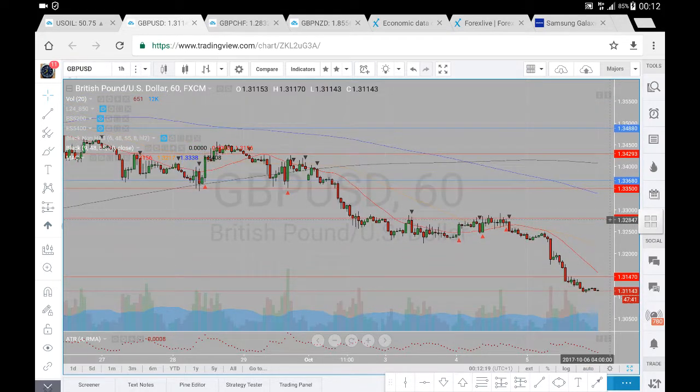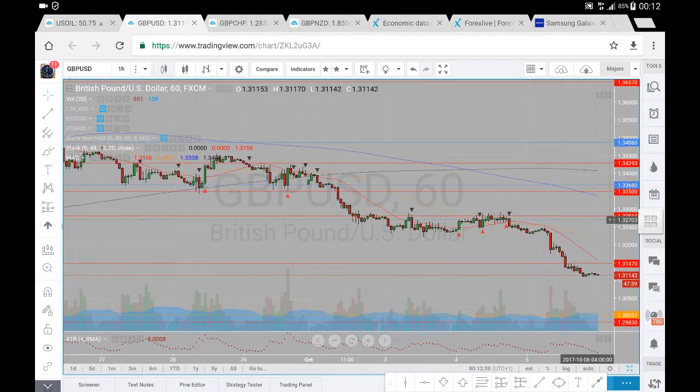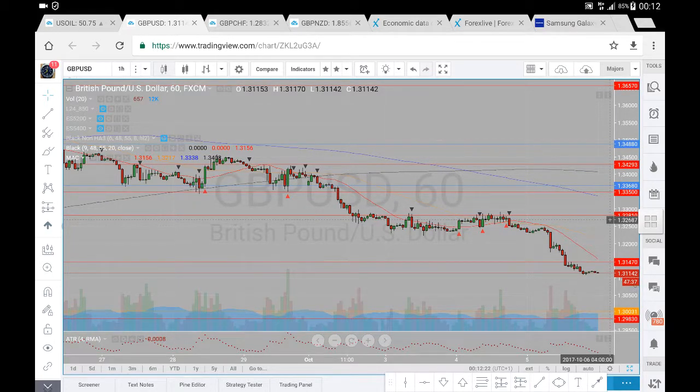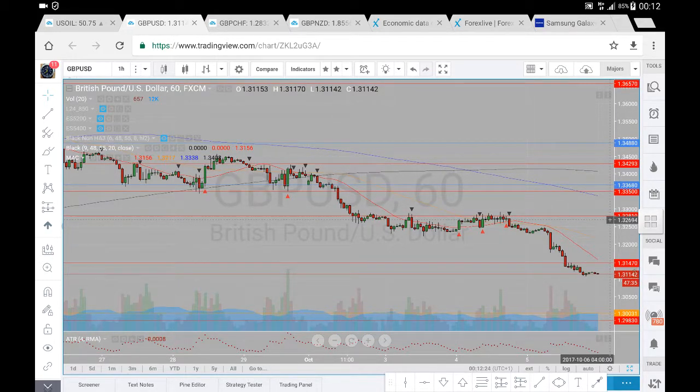So the bias remains bearish, and the next downside target would be 130.03 or 129.83, as can be seen on this chart. I would say 130 will likely be an important psychological level, but 129.83 is a potential area of support.